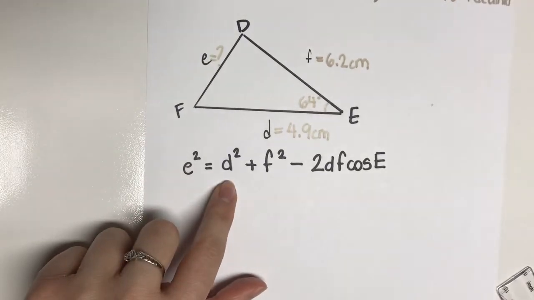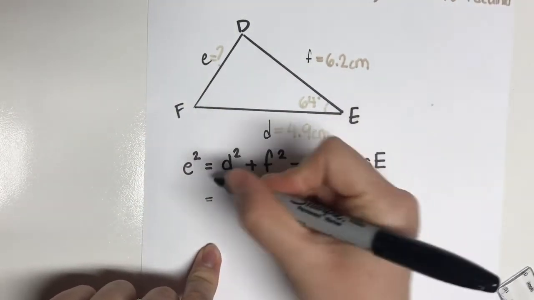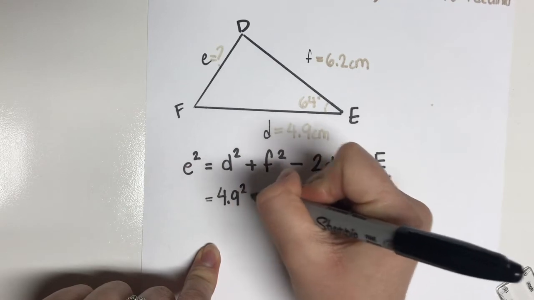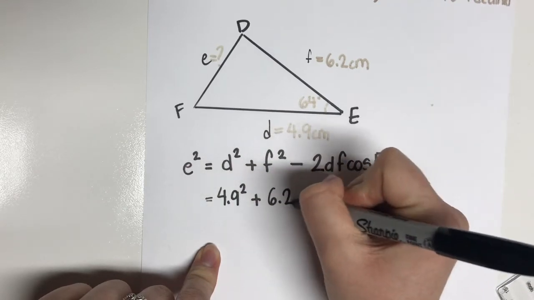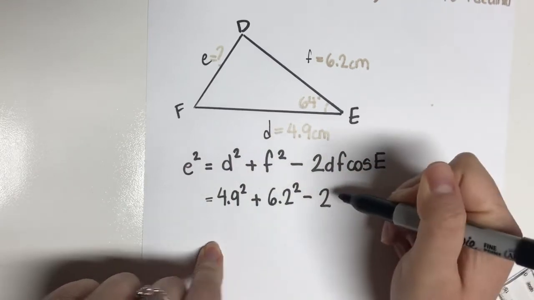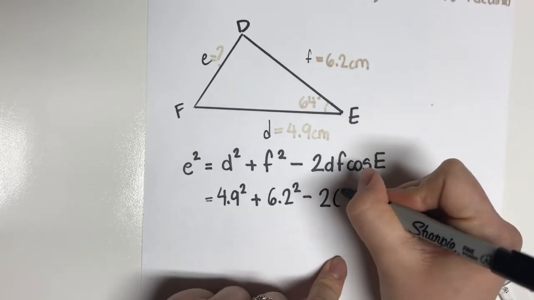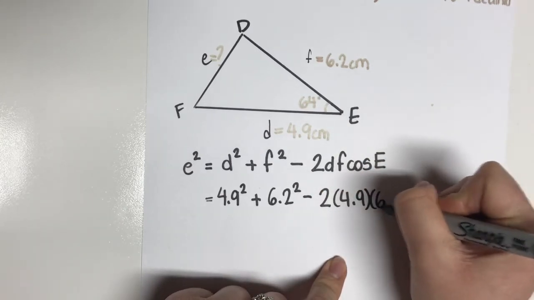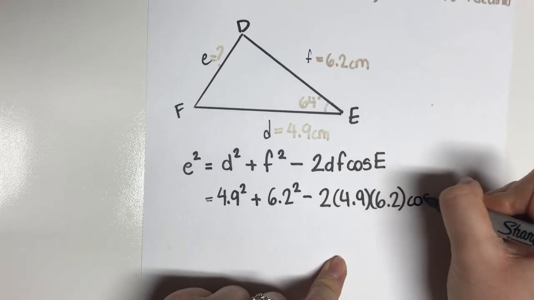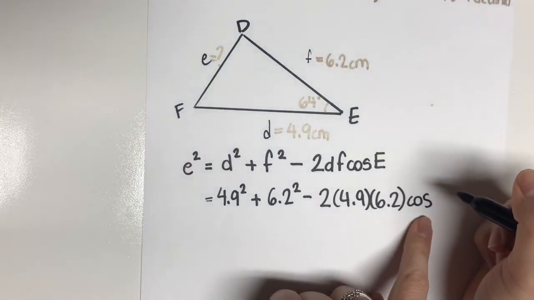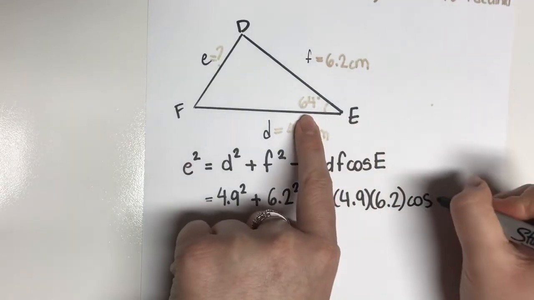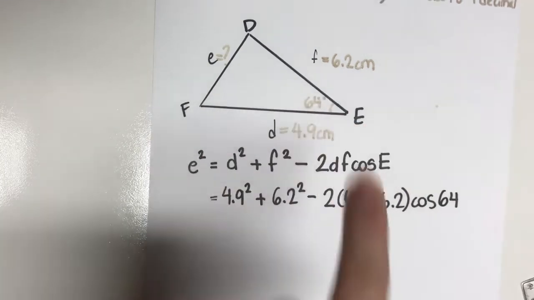I'm going to substitute all my known values. So D is 4.9. F is 6.2, and then I'm going to substitute them here. And I know that angle E is 64 degrees, so I'm going to put that there.